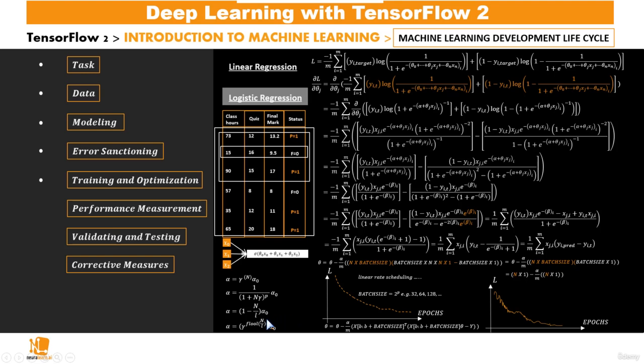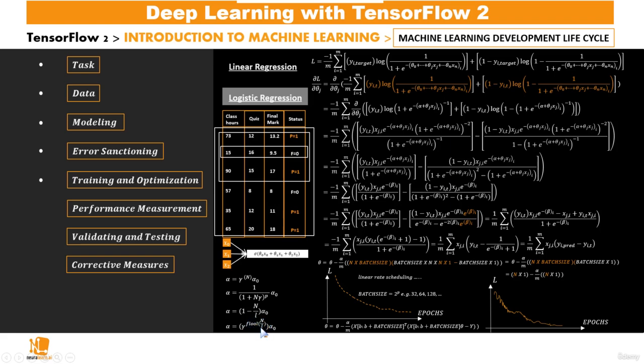And finally we have alpha equals gamma to the power of the floor of n over L. Now this floor simply means if we have for example 2.3, it is going to give us 2. If you have 7.1 it gives us 7. If you have 7.9 it gives us 7. If you have 13.2 it gives us 13.